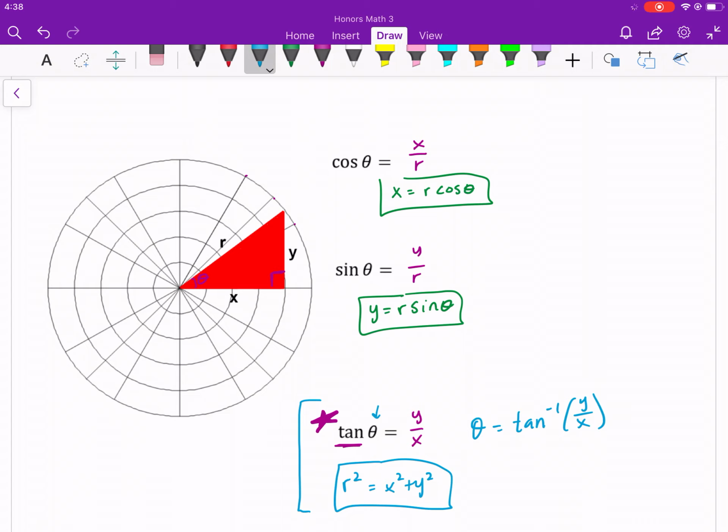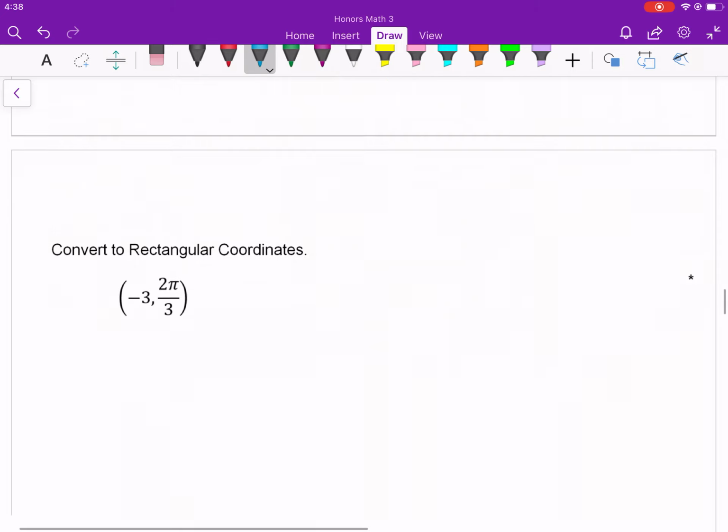So that's going to help us find our radius. So let's go ahead and work our magic using these. These are things I would write down. They're going to come back to haunt you so many times. Okay, so let's go ahead and work with them.